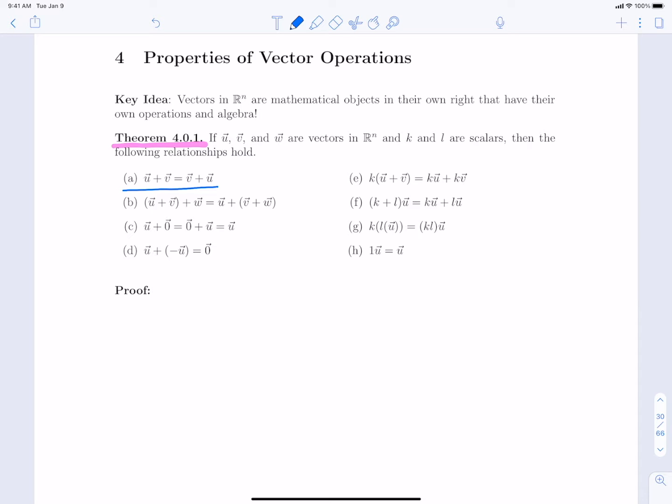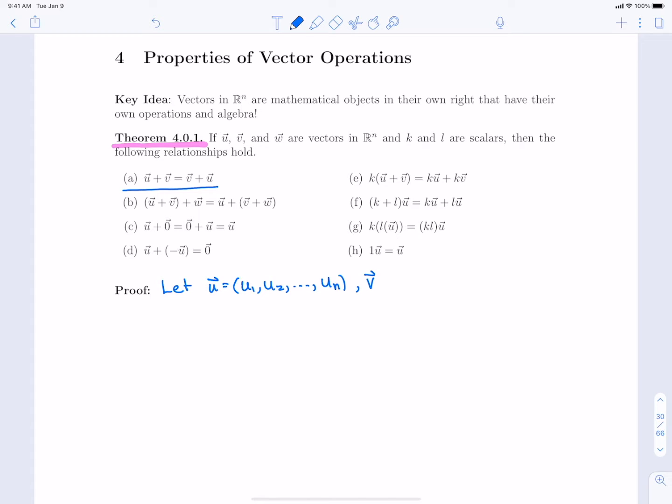So for any proof, what we need to start with is defining some of the variables or objects that we're going to be working with. So we're going to define vector u to be the components u1, u2, and because we're proving things in Rn, or n dimensions, we need to go to un.